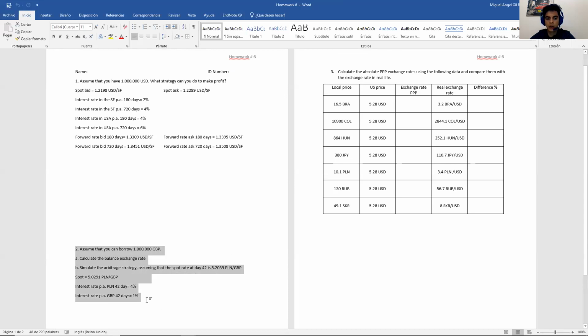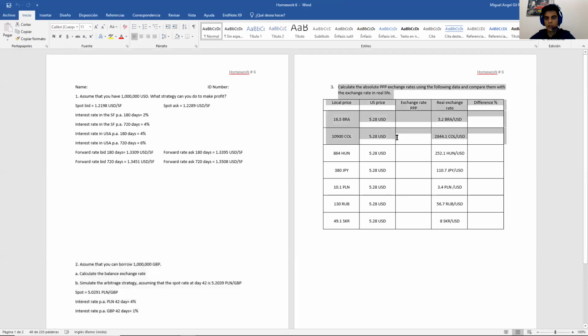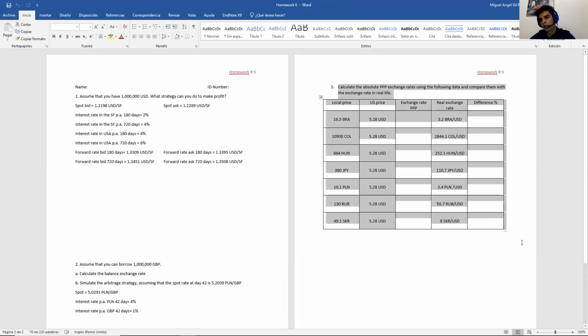So I will explain how to solve this one. And finally, this is the absolute PPP table that you already know how to solve. It's like the thing from the Big Mac index. So if you take a look at what we learned last week, you're going to be able to solve it. So in the next videos, I will be solving this exercise and the other exercise.